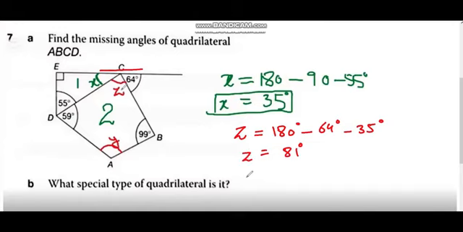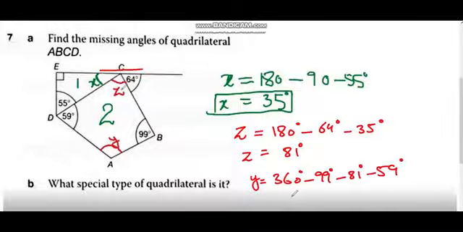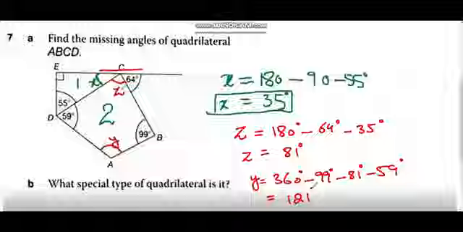Similarly, for Y, we know that figure 2 is a quadrilateral where the sum of angles should be 360 degrees. So for Y, we can subtract 99 degrees, then 81 degrees and 59 degrees from 360. So we will get 121 degrees.